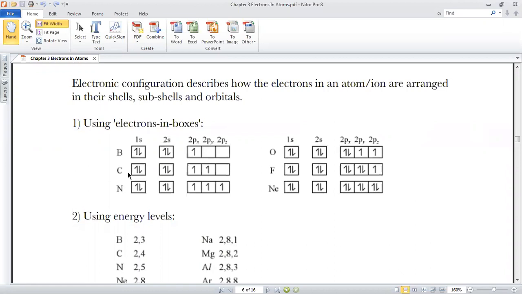The p subshell has different energy from s and d, but the 3 orbitals px, py, and pz have equal energy, and we call them degenerate orbitals.